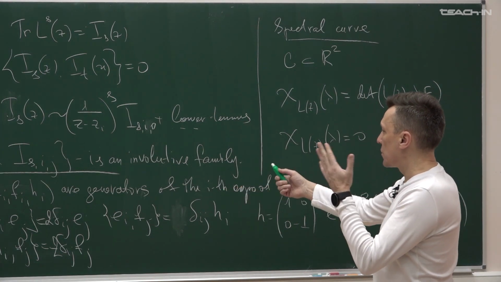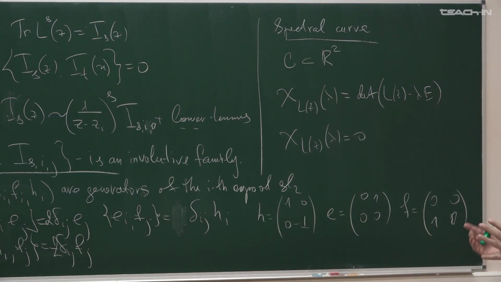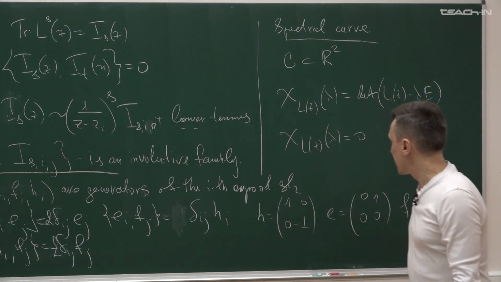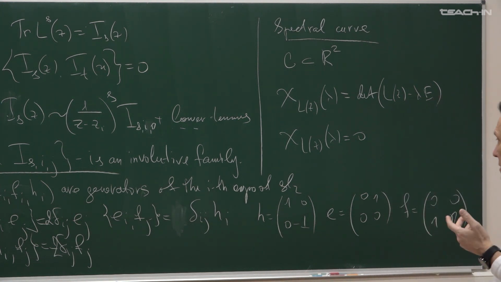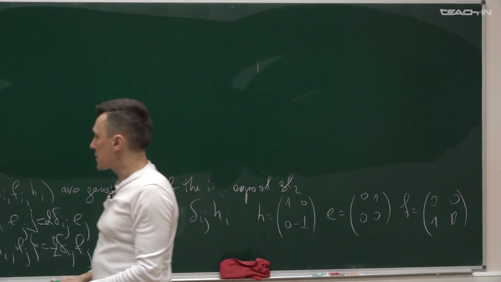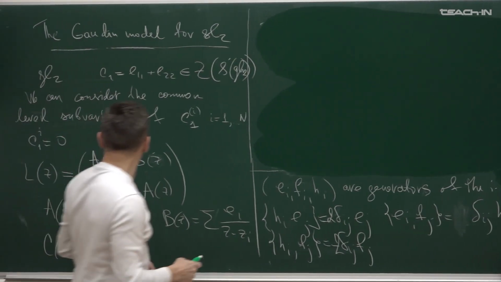And we also suppose that there are several copies of SL2. Different copies commute between themselves, and inside one copy we have the standard SL2 commutation relation.